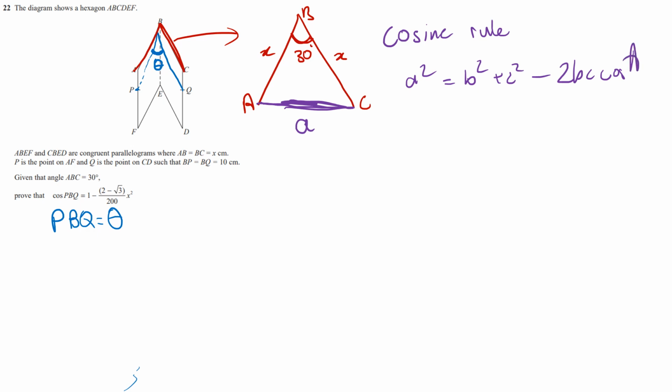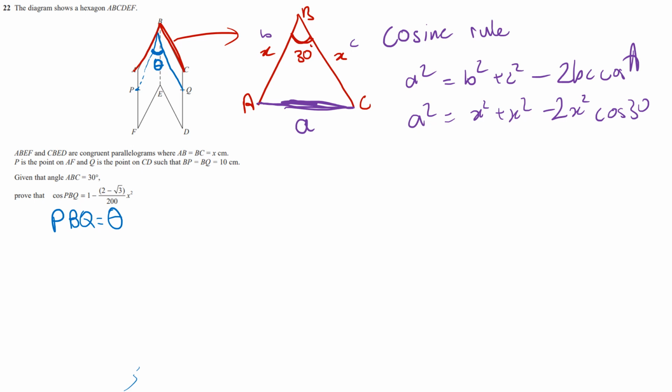So a squared is b squared, where let's call one side b and the other side c. So it's x squared plus x squared minus 2 lots of x times x, which is x squared, cos 30.